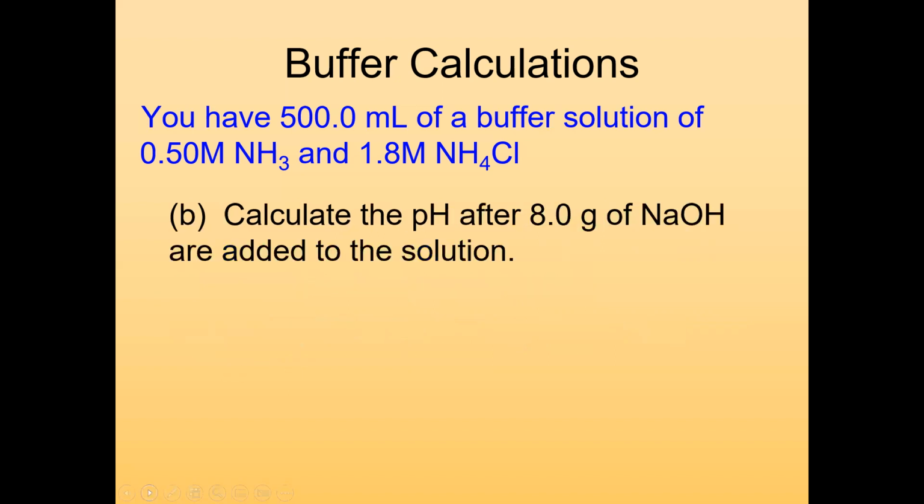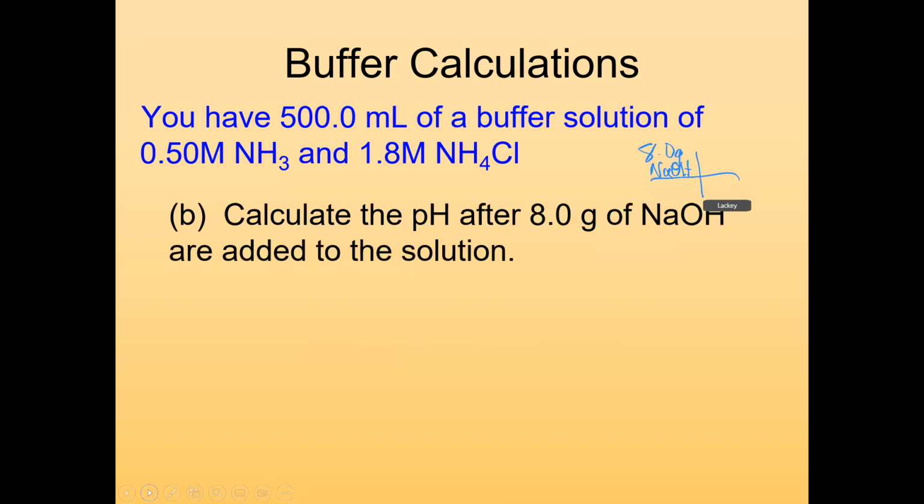Whenever we are looking at finding the pH after 8 grams of sodium hydroxide are added to the solution, remember in our ice table, we have to compare moles to moles whenever we are trying to cancel them out. So we need to change the 8 grams of sodium hydroxide into moles.